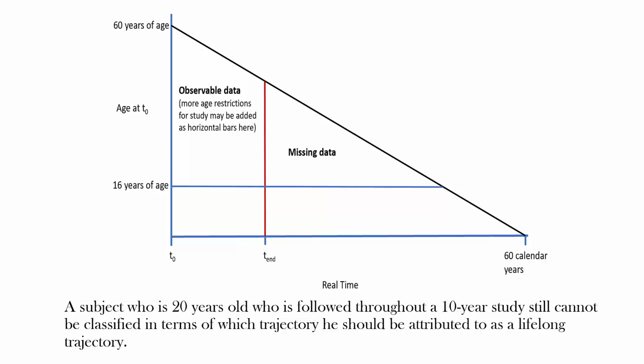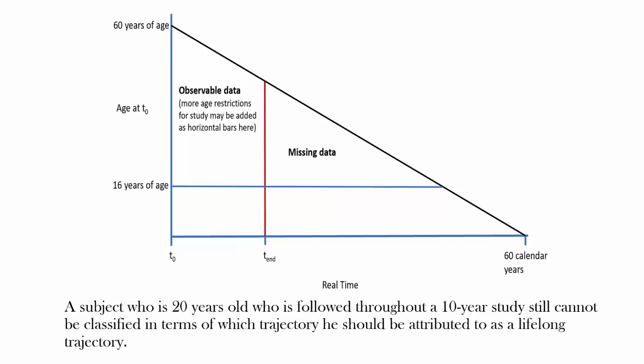So rather than think that my age progresses vertically like that, my age is going to progress throughout real time. And I'm going to end my study at some point. Here's the point in time where we end the study. What I'm going to know is about the evolution of those people, but I don't know what could possibly happen to them beyond the end of my study.